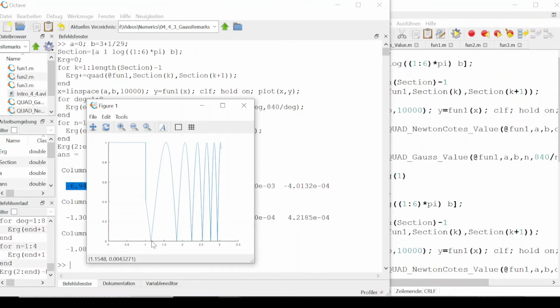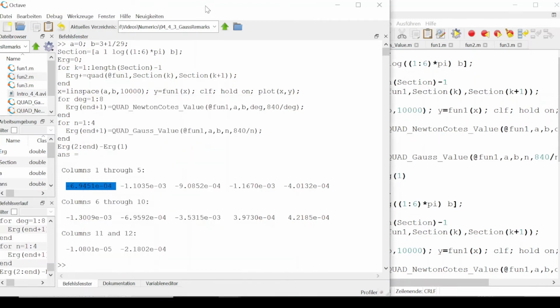And for functions with kinks, the trapezoidal rule is very good, and all the other algorithms are not really better. If they are better, this is more or less coincidence. The error of all these is more or less in the same range, and also Gauss quadrature is not better than the others.